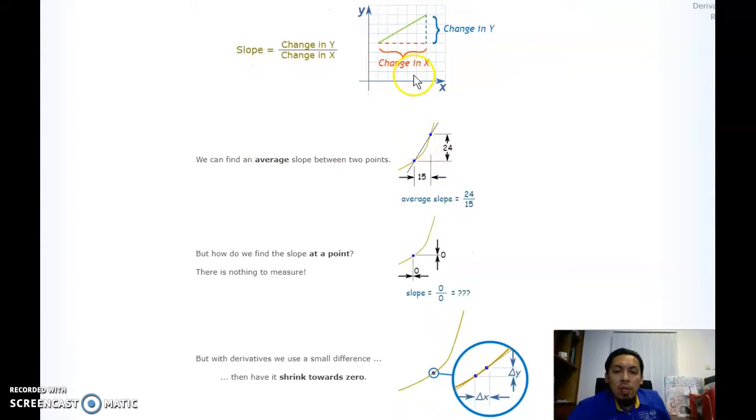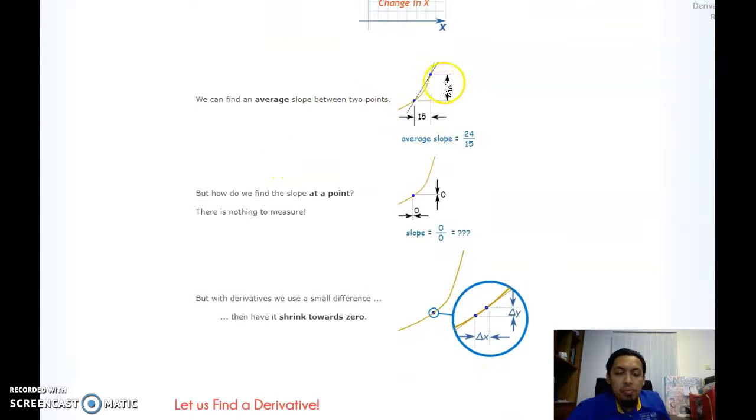However, if it is not a straight line, first we can find the average slope between 2 points. For example, the difference in x between this point and this point is 15, and the difference in y is 24. So the average slope for this line is 24 over 15.